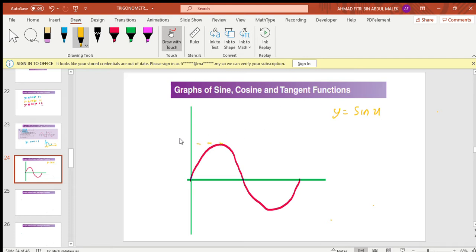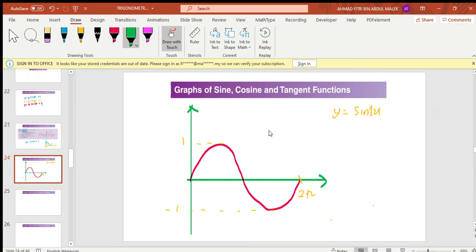I put here the amplitude is 1, negative 1, and remember the 1 here means there is only one complete cycle in 2 pi. I'm not using the word period, because period is a different thing.